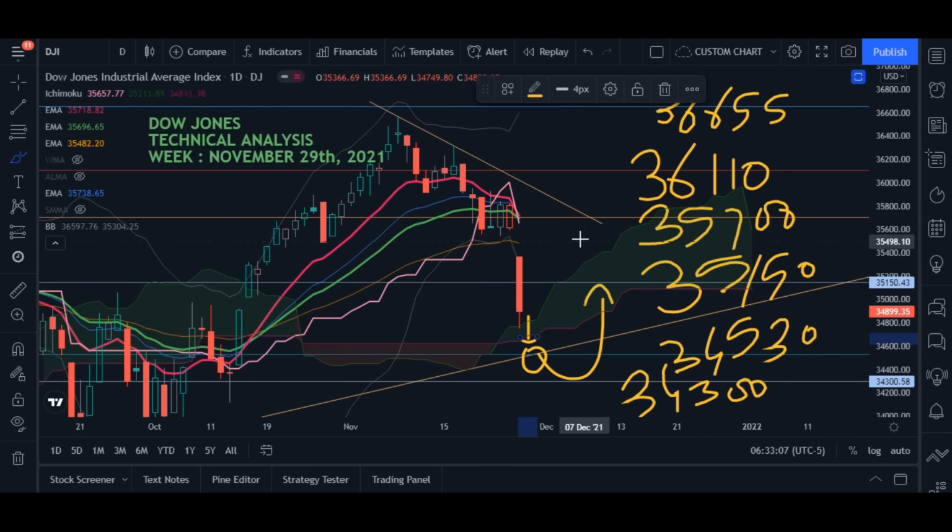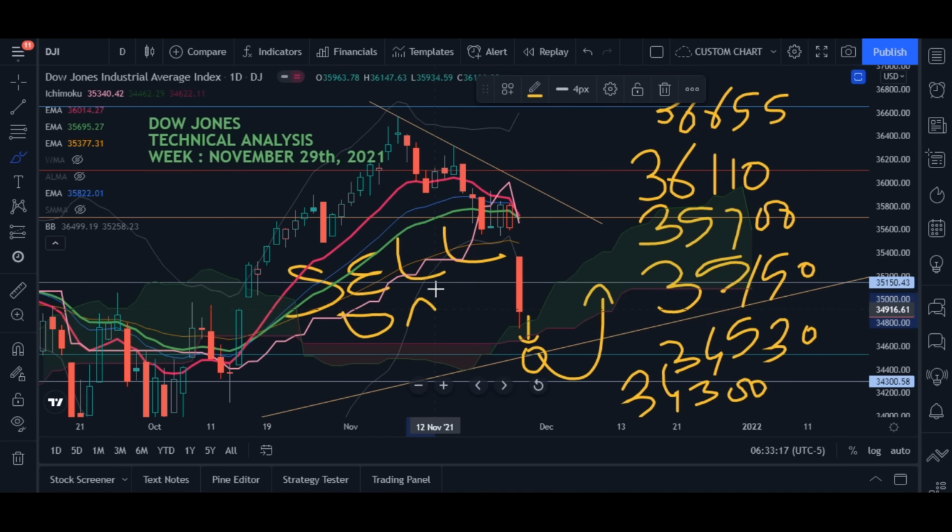Okay, now one more thing that I'm going to say here is: sell on rebound or retrace.